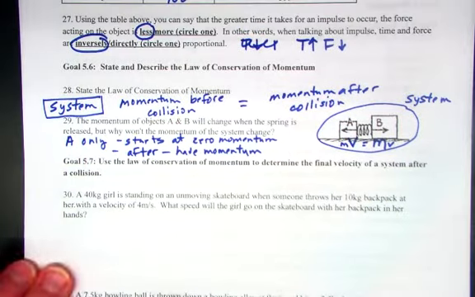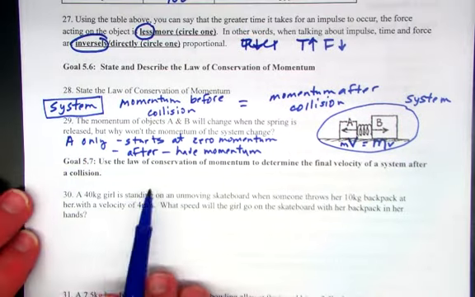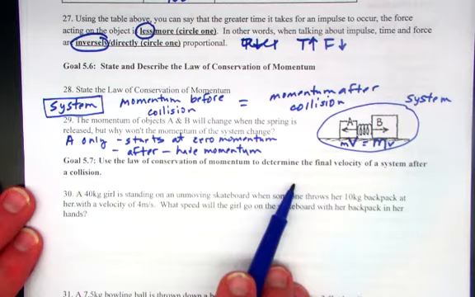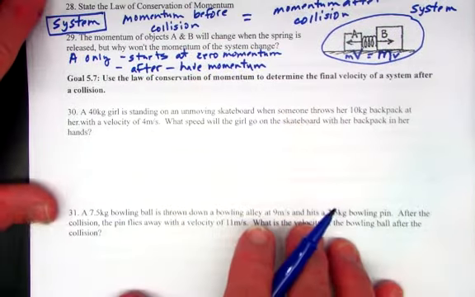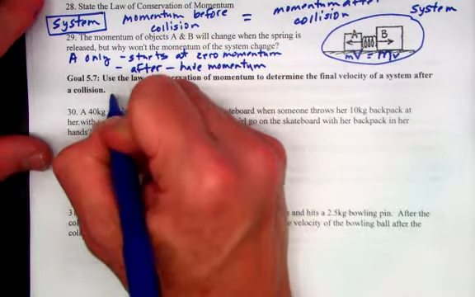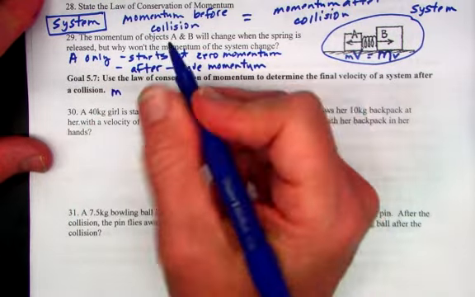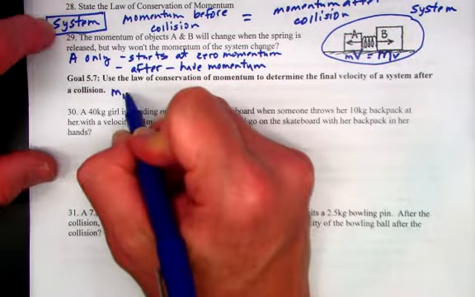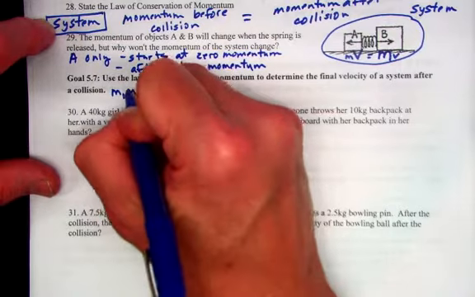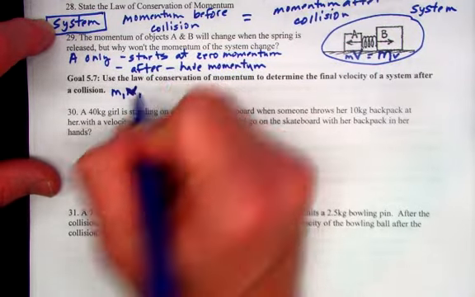Goal 5.7 is looking at using this conservation of momentum to determine the final velocity of a system after the collision. So for this, you need the big equations. One of them is for sticky, and one of them is for bouncy collisions. Both of them have the same formula on the left side.